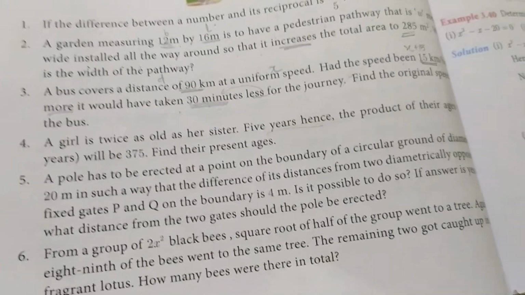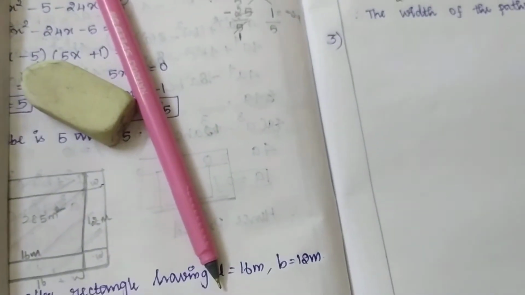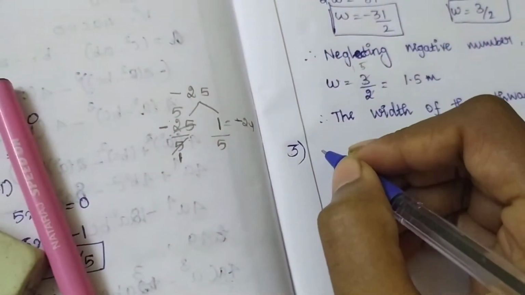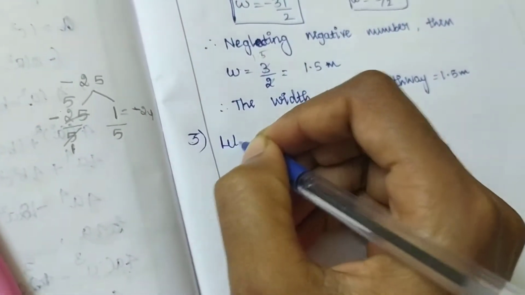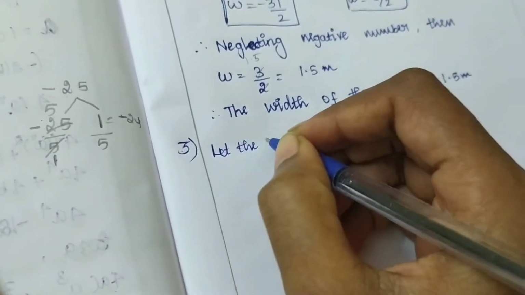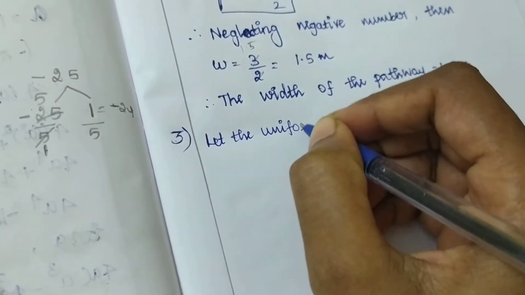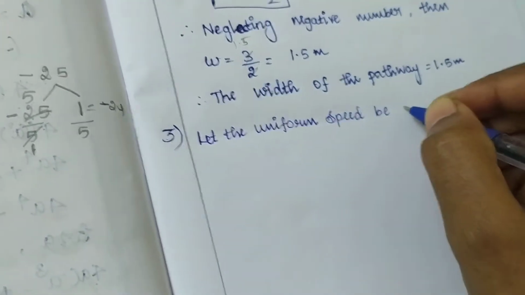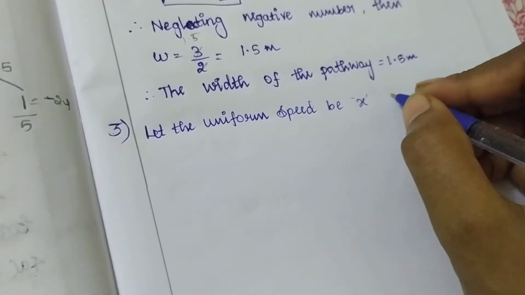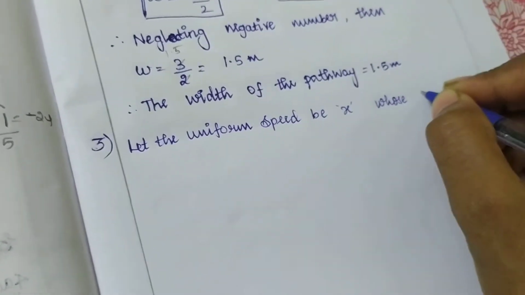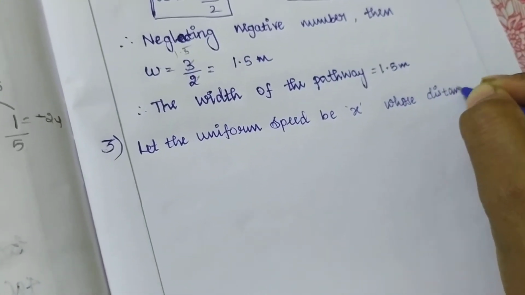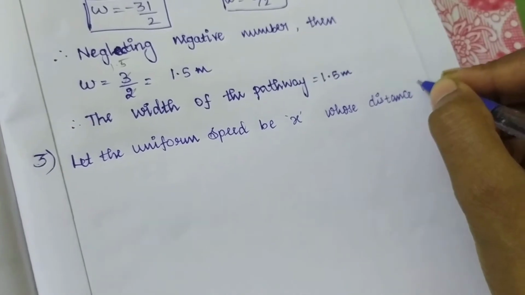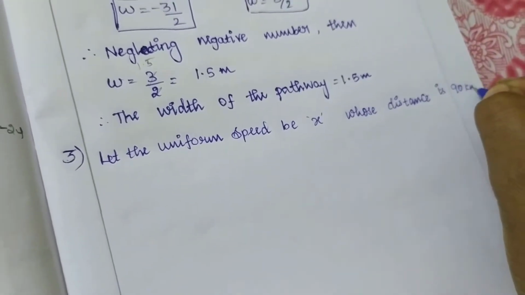So now we solve the problem. Let the uniform speed be x, whose distance is 90 km.